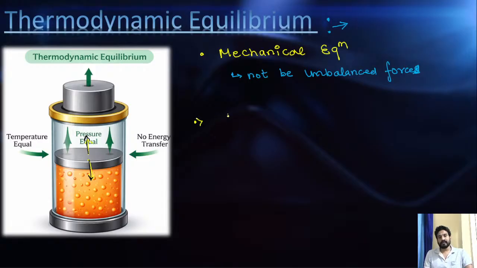Second will be thermal equilibrium. As its name suggests, thermal equilibrium means that the temperature of the system is not going to change, guys. Thermal means the temperature of the gas, piston and wall of the cylinder is the same. So the temperature is basically equal.